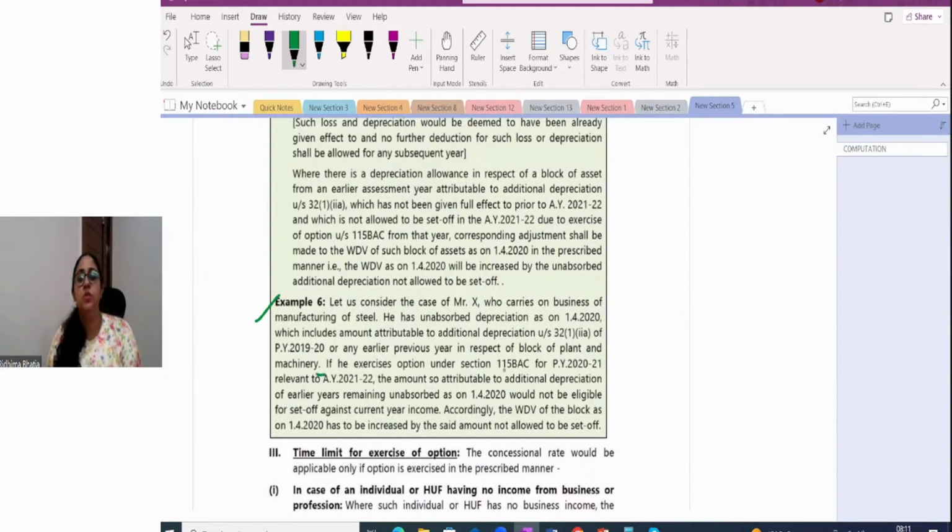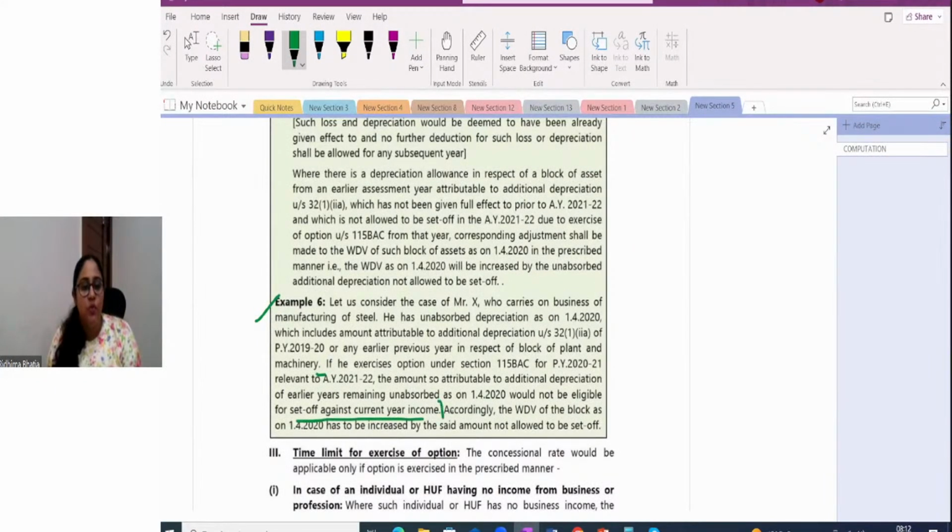If he exercises the option under section 115 BAC for previous year 2021, relevant to the so-and-so assessment year, the amount so attributable to additional depreciation of earlier years remaining unabsorbed as on 1st April 2020 would not be eligible for set off against current income. Agreed?